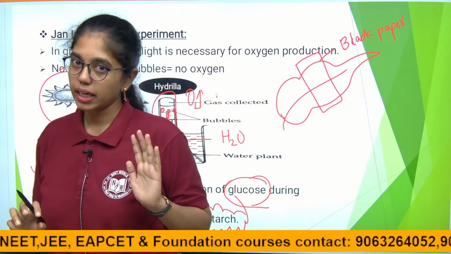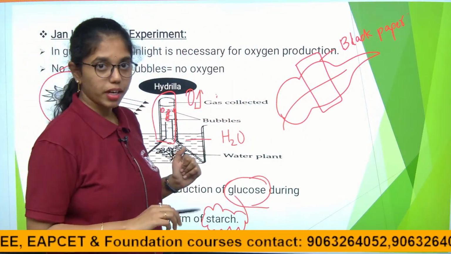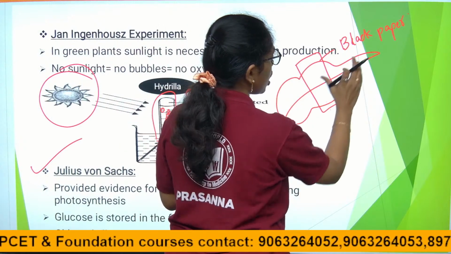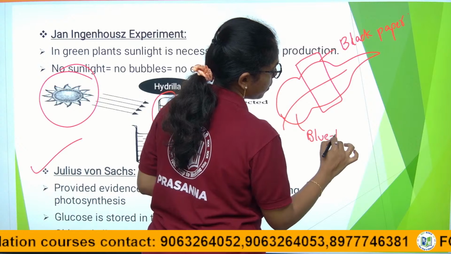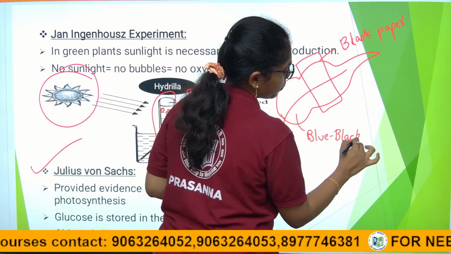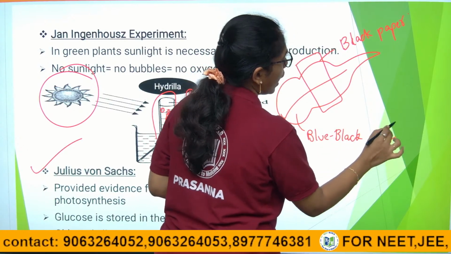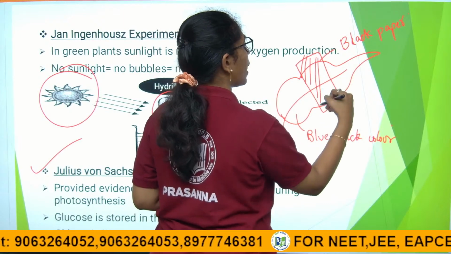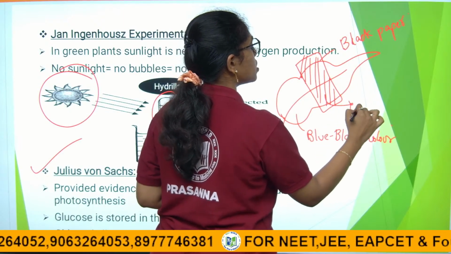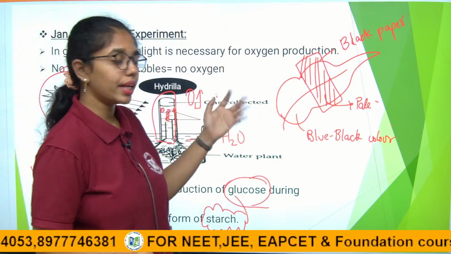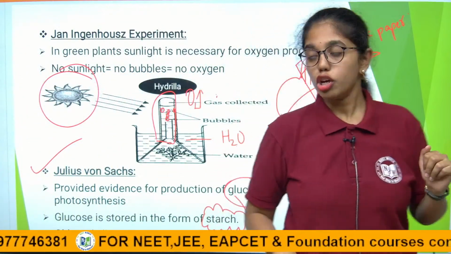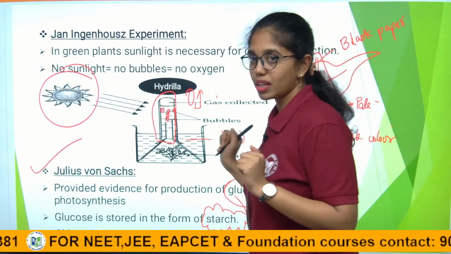Thereafter, he conducted a starch experiment, wherein the leaf which is not covered with black paper showed blue black color, and the leaf which is covered with black paper remained pale, colorless. So, this is what was said by Julius von Sachs.